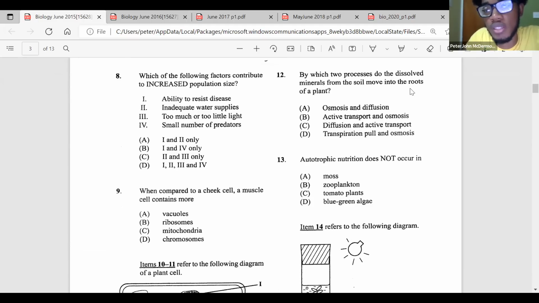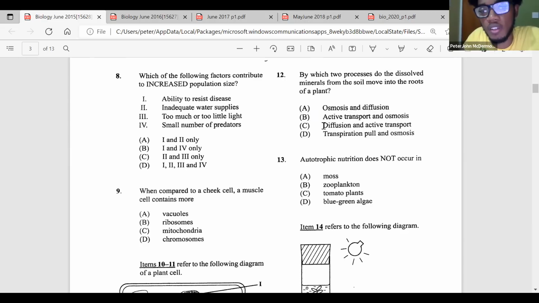What are the keywords? Because we always have to be looking for keywords, right? Dissolved minerals from the soil. Dissolved minerals is the most important thing here. Talking about minerals, diffusion. Diffusion is typically for gases. Minerals are solid, and dissolved implies water is present. So diffusion, we can rule out A.